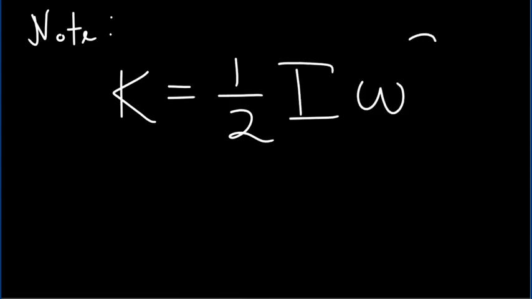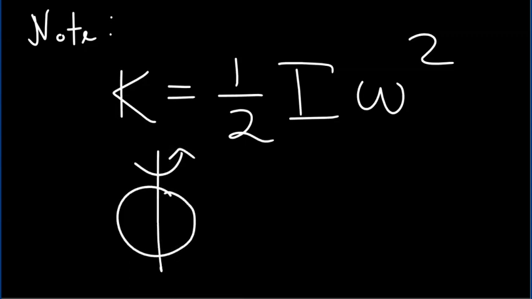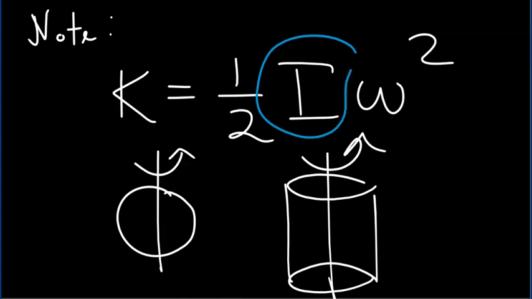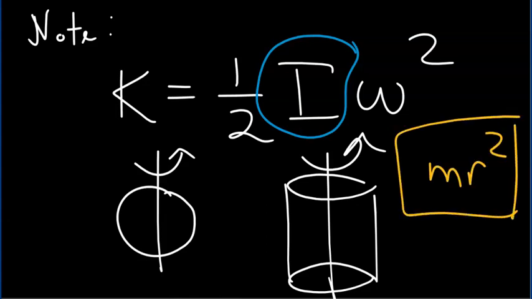At this point, we would like to note that the equation for rotational kinetic energy, half moment of inertia times the square of angular speed, can be used to calculate the kinetic energy of rotation for any body, such as a sphere spinning like that, or a cylinder spinning like that, and so on. The only thing that we need to be careful about is the expression for the moment of inertia. The expression that we've written down earlier, namely mr squared, is for point masses only.